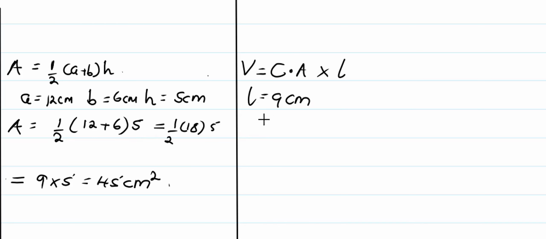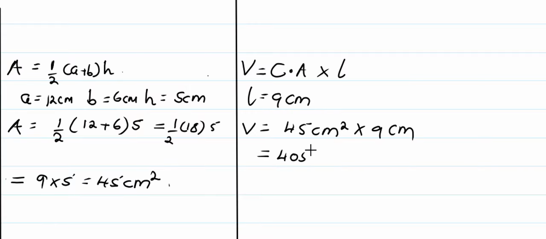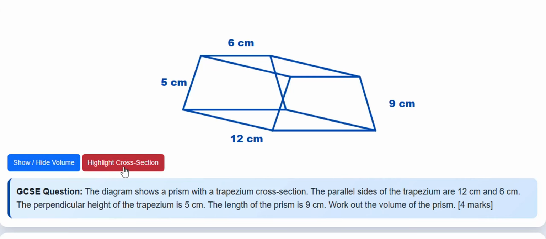We already have the cross-sectional area, 45 centimeters squared, multiplied by 9 centimeters, which becomes 405 centimeters cubed. And that is the volume of this prism here.